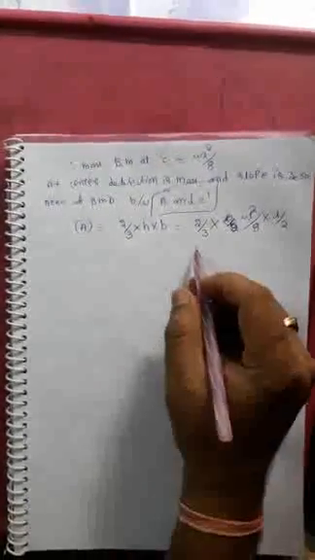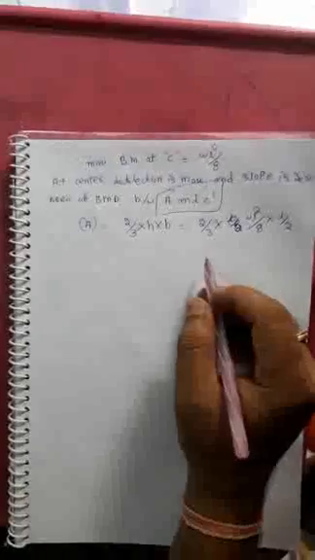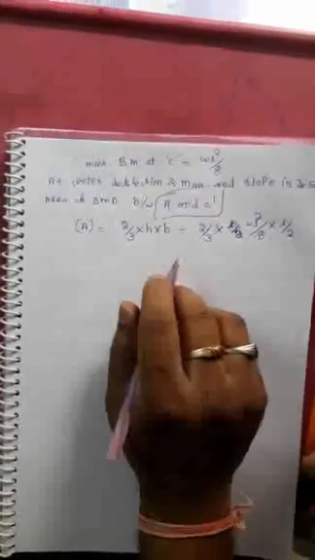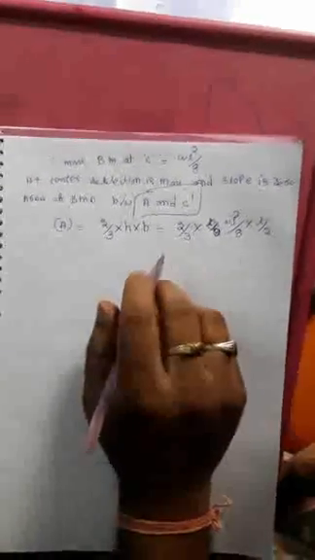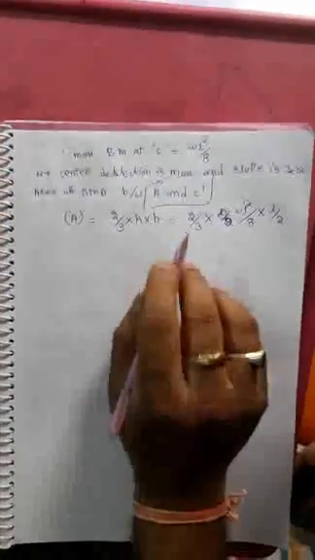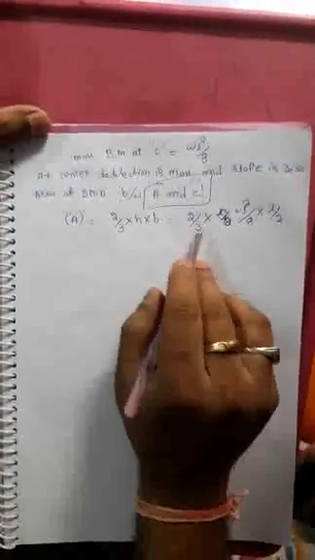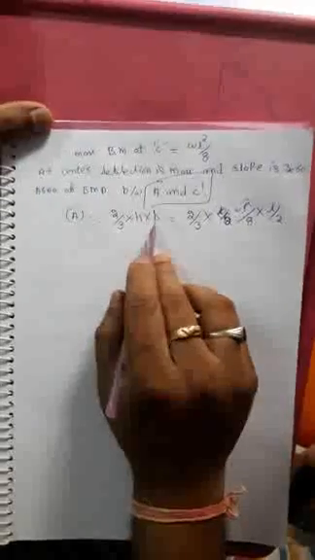For a triangle, area formula is half into B into H. For the parabolic triangle, one side is inclined, here it is a triangle, but one side is parabolic. Area formula is 2 by 3 into height into base.